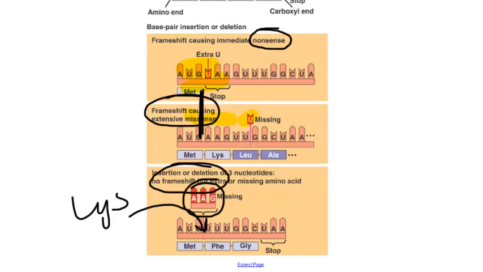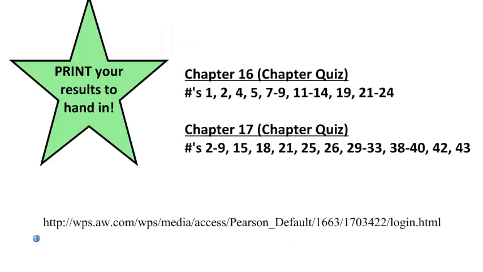All right, the last thing I'd like you to do for this set of videos is to write down these chapter quiz questions that I'd like you to look over. Because we're not going to be discussing this information about DNA hardly at all in class, because it's mostly review, I do want you to check yourself with these quizzes. It's chapters 16 and 17, these particular numbers.